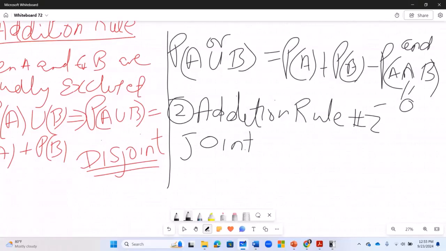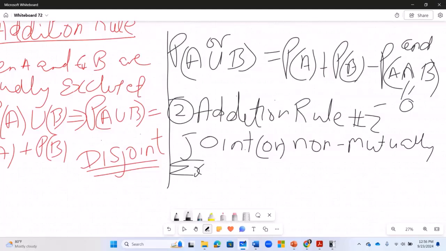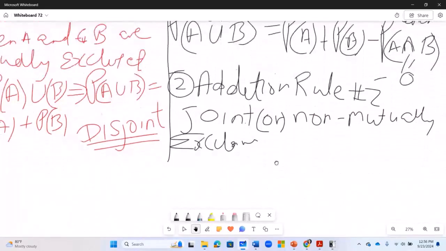If 2 events are joint or non-mutually exclusive, then we can say that 2 events obey addition rule number 2.